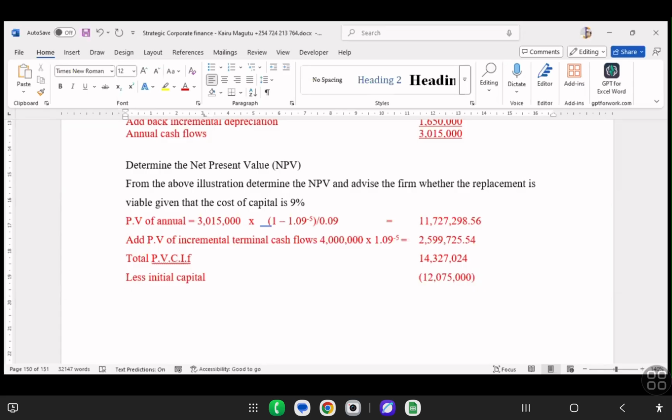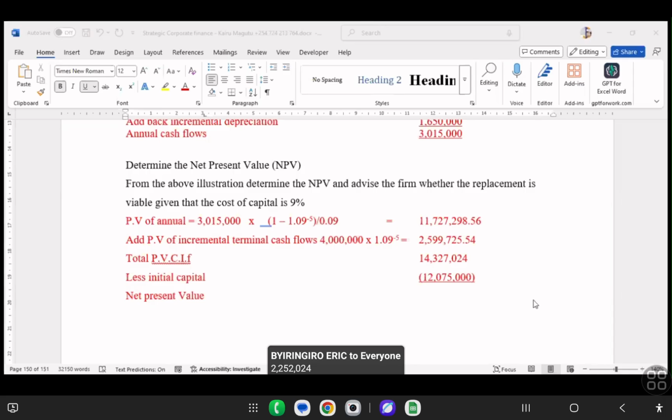This is the net present value. The net present value, how much is that? Get me the difference. Is it 2252,024?